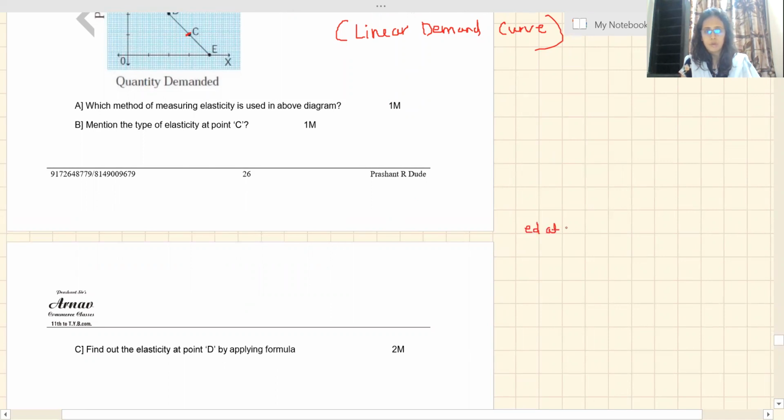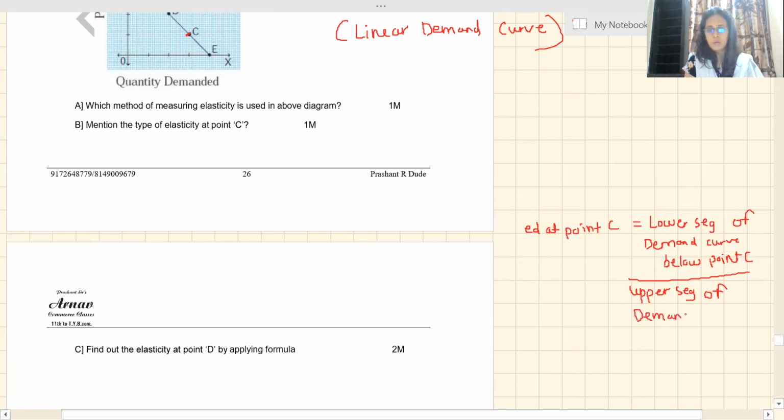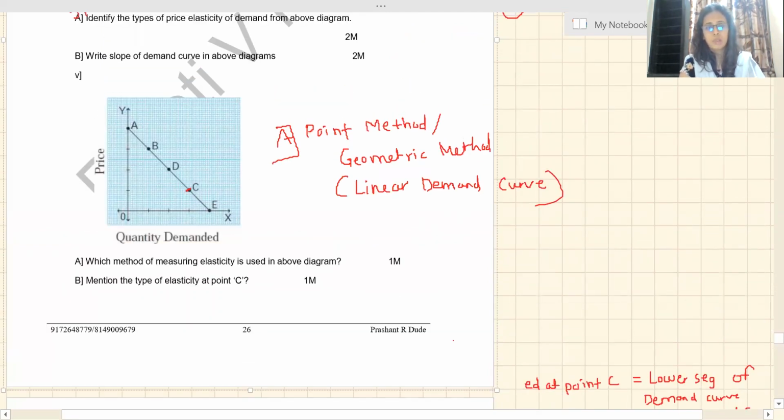Elasticity of demand at point C is, the formula is lower segment of demand curve below point C upon upper segment of demand curve above point C. So I know lower segment CE and upper segment CA.